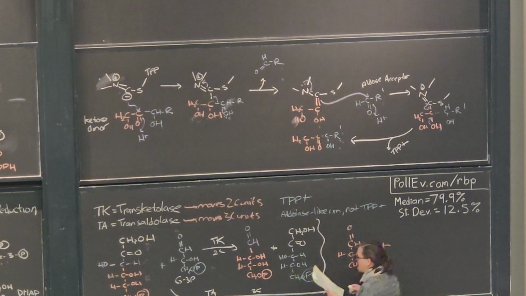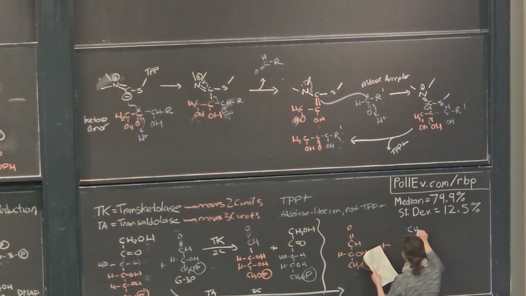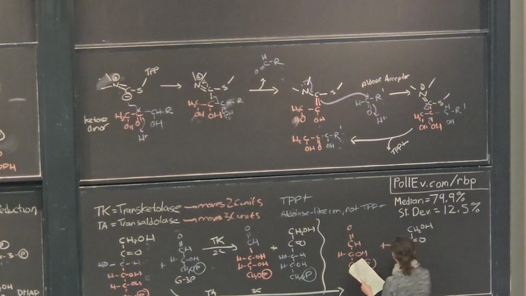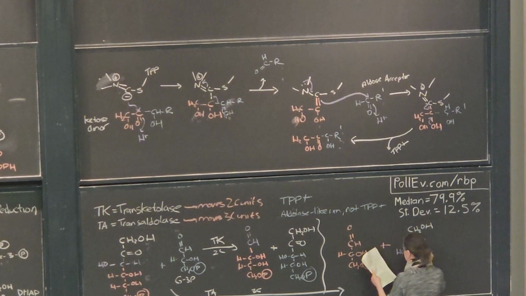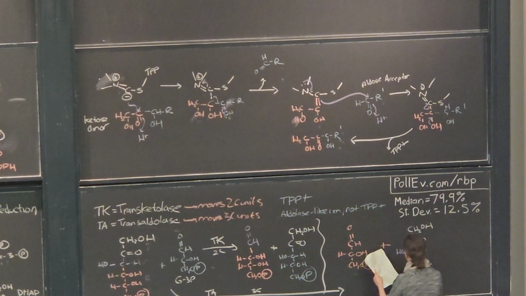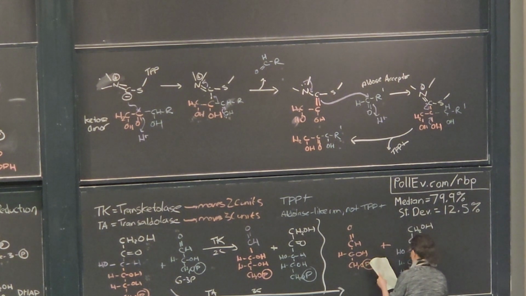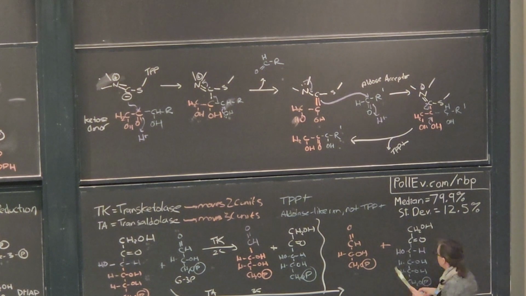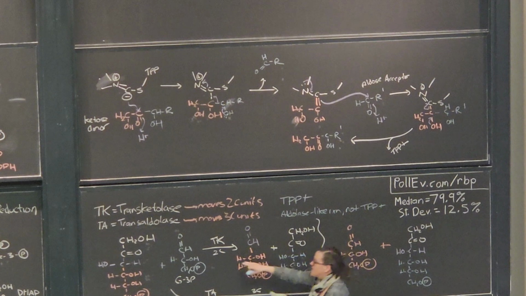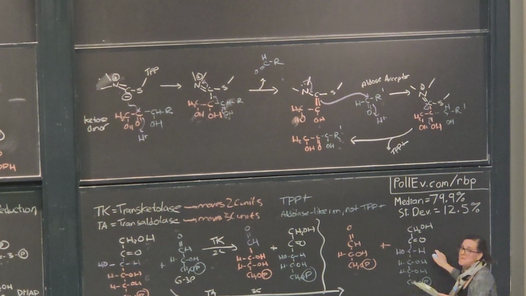And then now we have a longer ketose. So now we have a longer ketose, with 6 carbons here, because we're taking a 3-carbon sugar and adding 3 carbons to it and making a 6-carbon sugar.